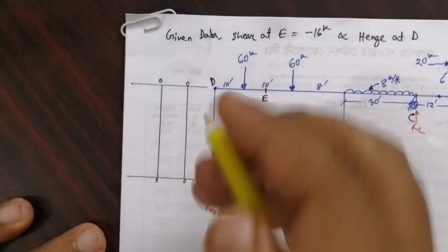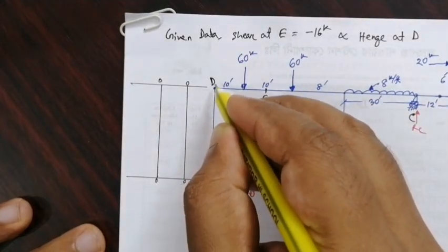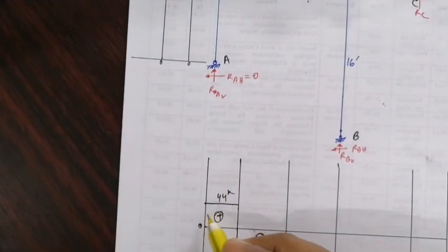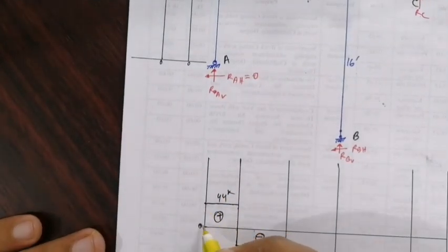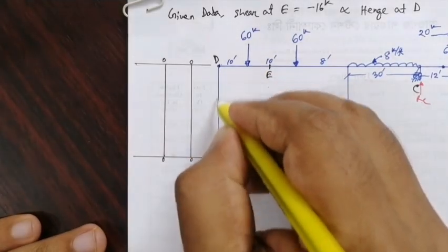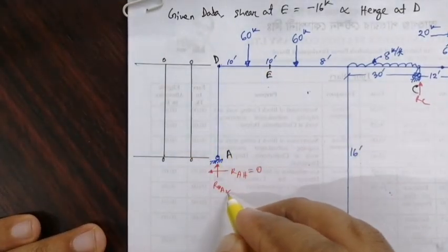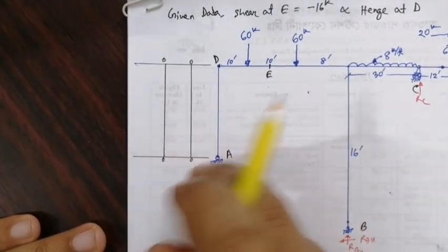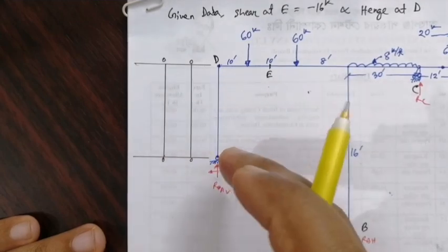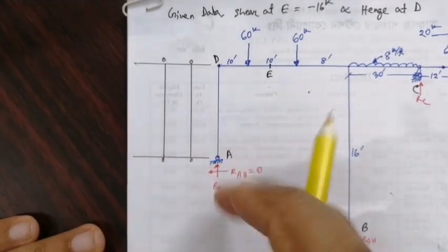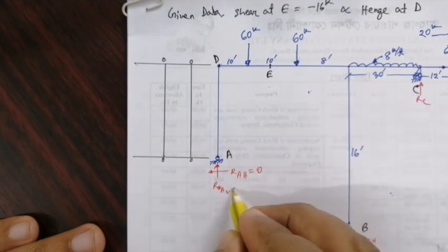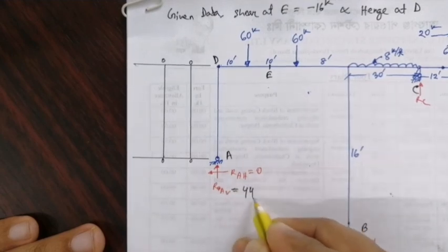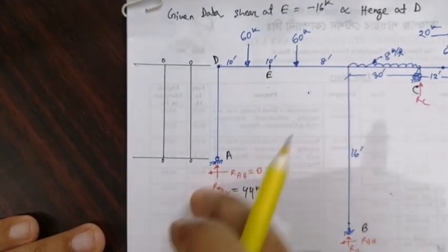Look at this: the 44 kip positive means an upward force at this point. This upward force comes from RA vertical, because there is no other inclined or other force here, so it goes directly to RA vertical, which equals 44 kip upward.